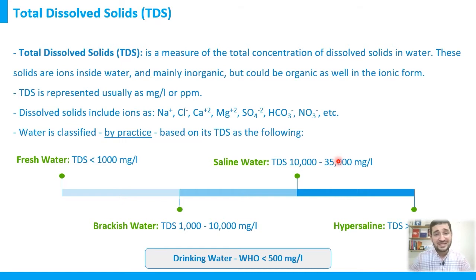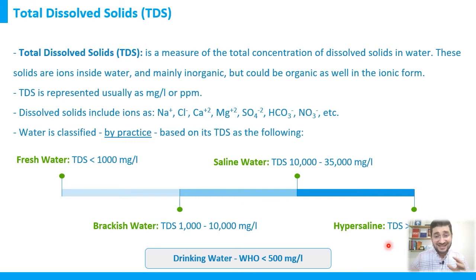We call this type of water saline water, so it has a high level of salts. And finally, the fourth category of water has a TDS more than 35,000 ppm or milligram per liter. We call it hypersaline.